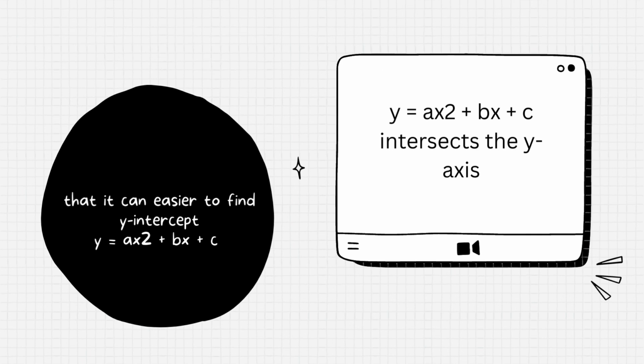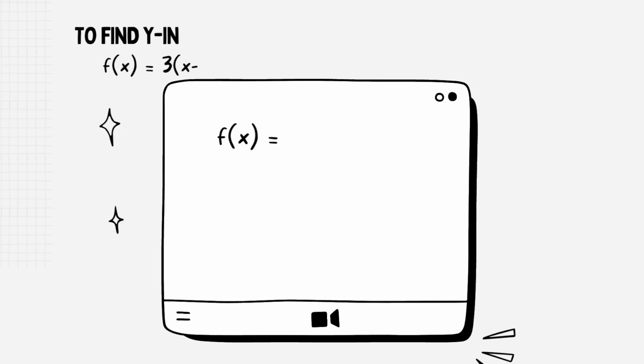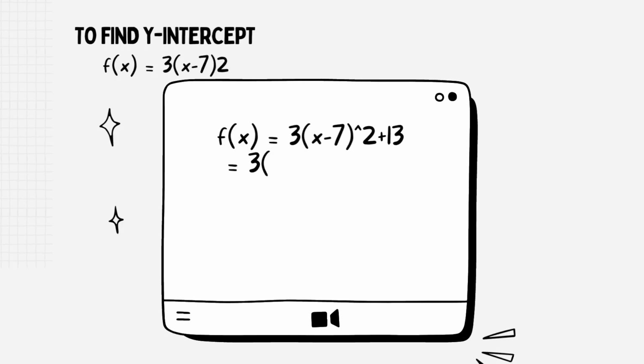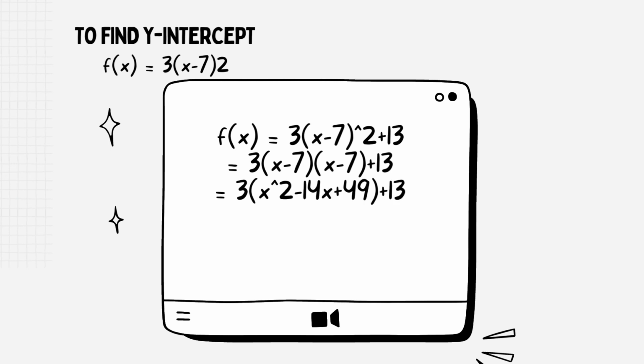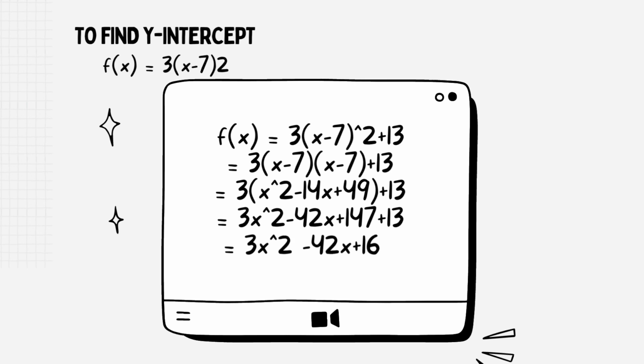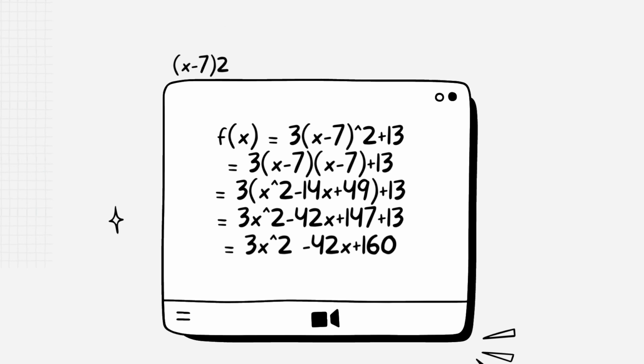After we change into parabola form, we should get the answer as 3x^2 minus 42x plus 160. But that's not the final answer yet.